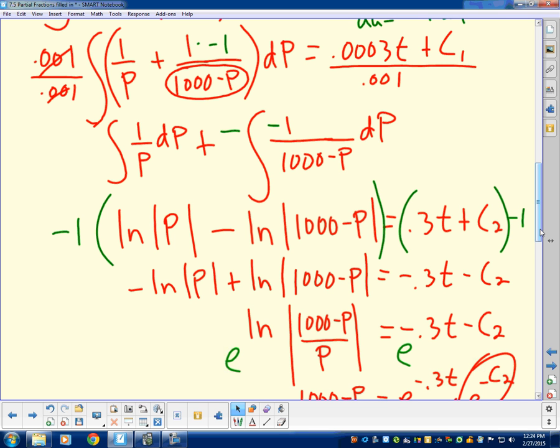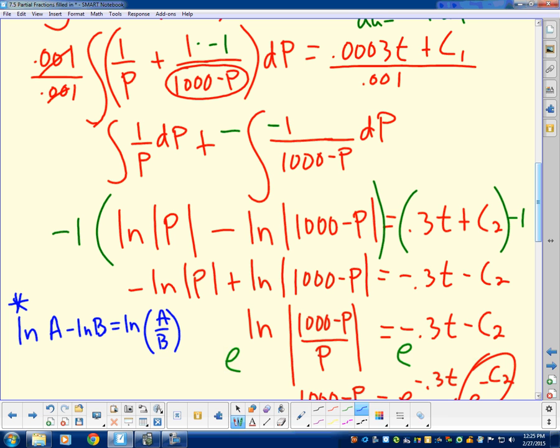So the next step here is going to be what I have in red. I'm going to take and rewrite this as a single logarithm. Because I have the difference of two logs, it can be written as log of the quotient. Remember this statement, ln of a minus ln of b equals ln of a over b.